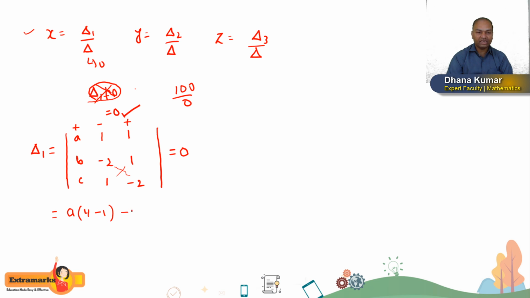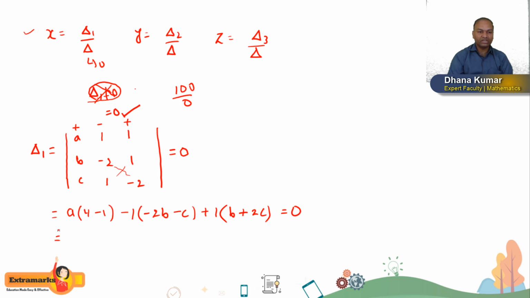Next, sign minus, number is 1 into, neglect this row and column: b into minus 2, minus 2b, minus c. Plus 1 into, neglect this row and column: b, minus into minus plus 2c is equal to what? 0. Okay, let us do the simplification.